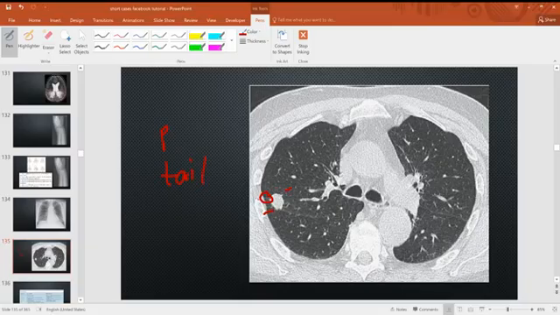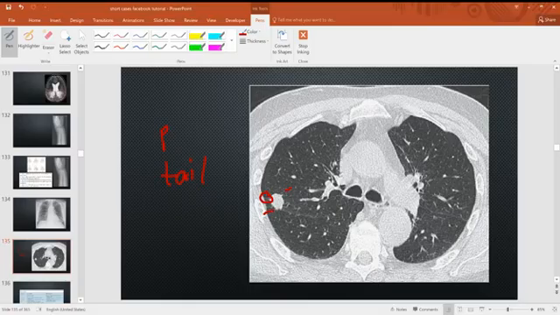And this also goes with malignancy. So we have two signs here, spiculation and the pleural tail. These go with malignancy, and the biopsy of this nodule proved to be adenocarcinoma of the lung.